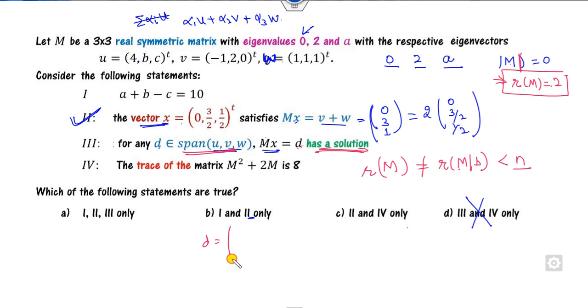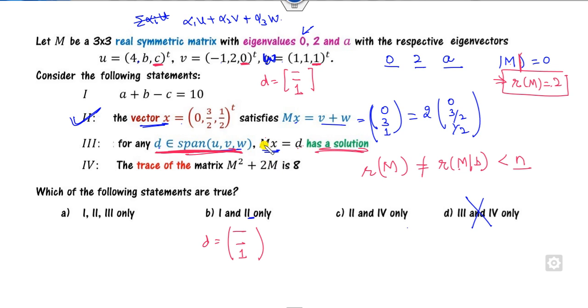If I consider any matrix D whose last element is non-zero, is it possible for D to be in the span of this? You can see that if I take a linear combination of these, since there is a 1, I can definitely consider any matrix whose last element is non-zero.